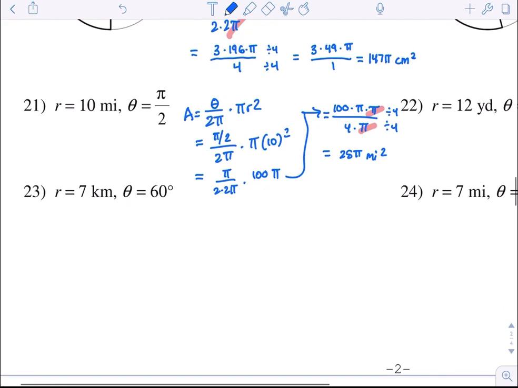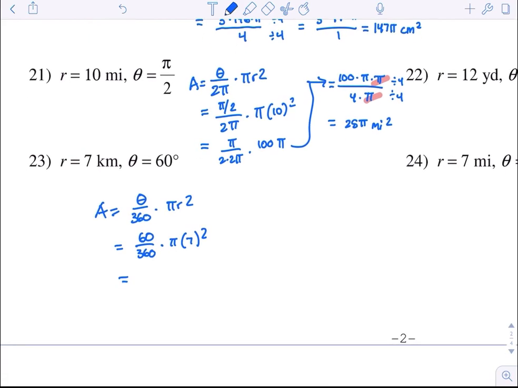And lastly, here, you guys, area is equal to theta over 360 times pi r squared. 60 over 360 times pi 7 squared.